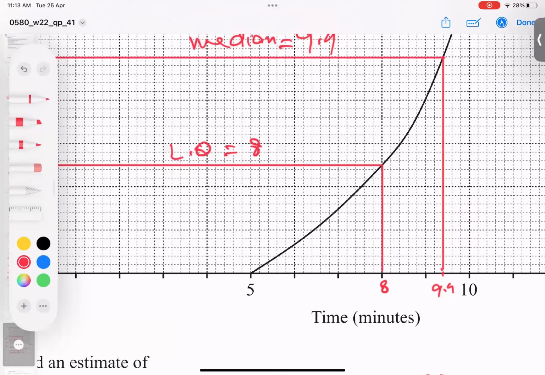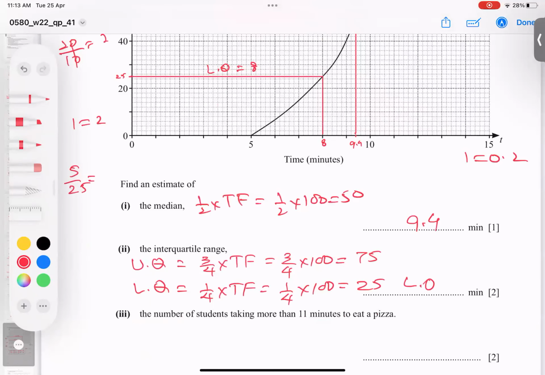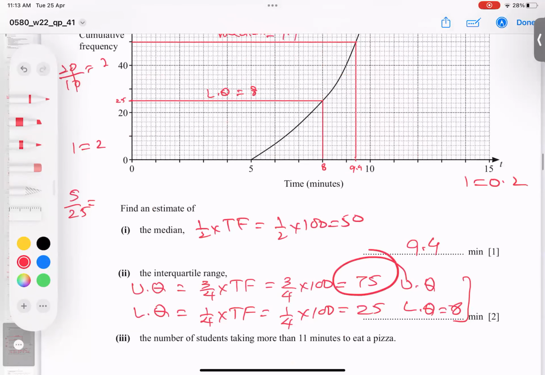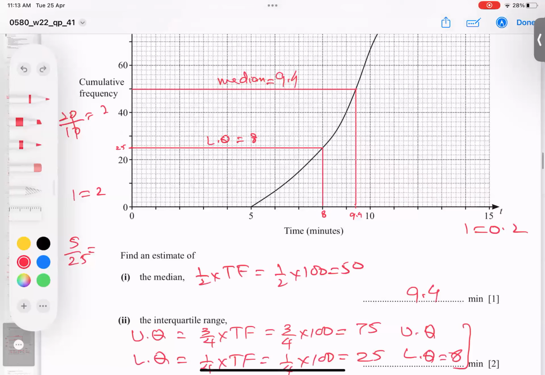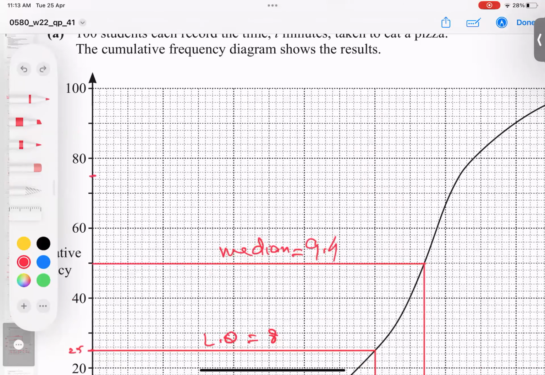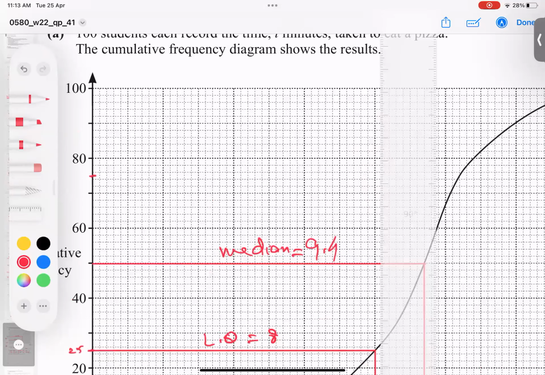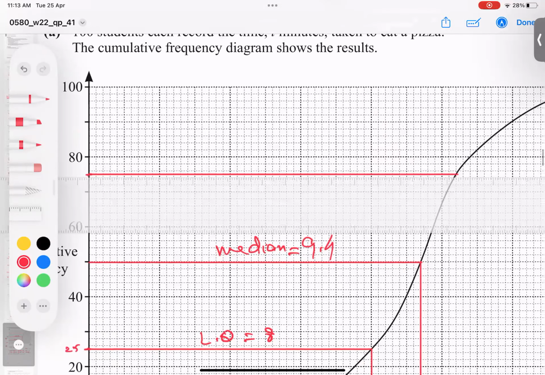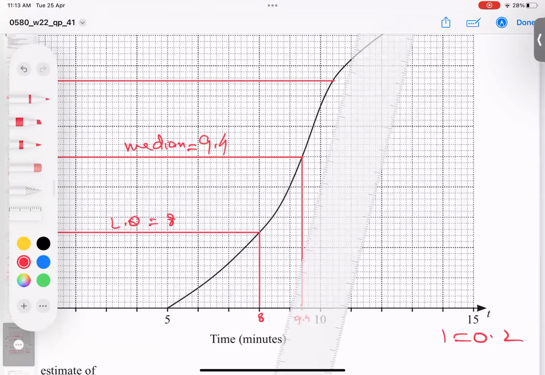So the lower quartile is 8. Now the upper quartile was the value looking for 75. So where is 75? This is 70, and 75 is in the middle here. I believe the understanding is not hard.